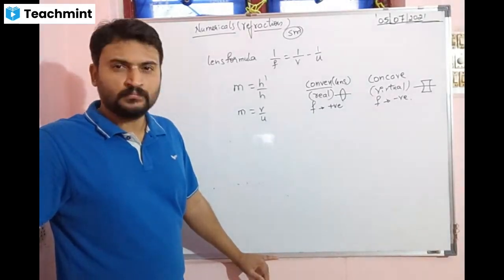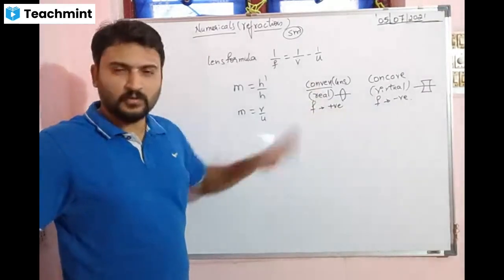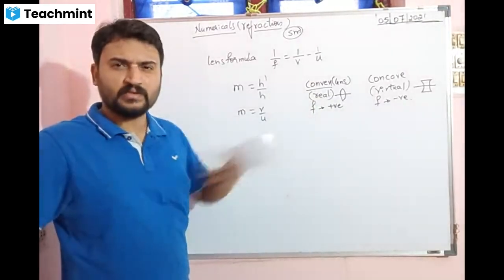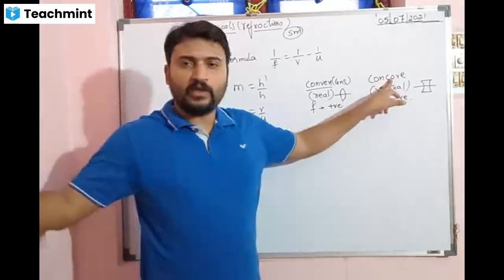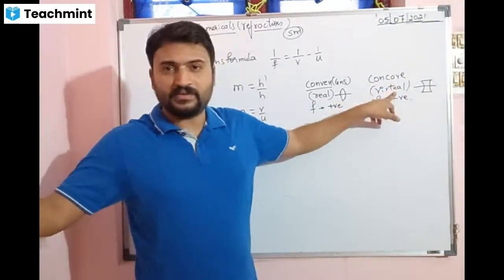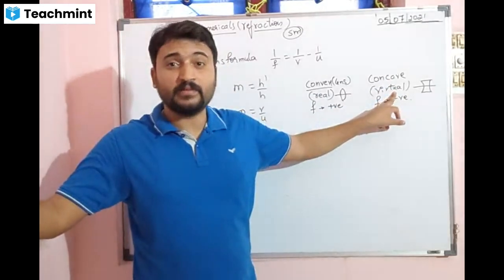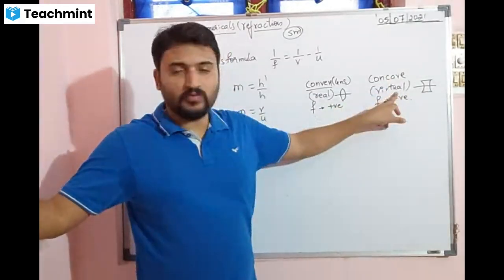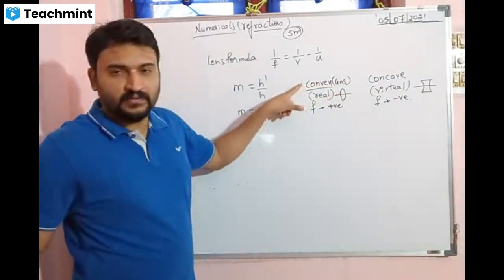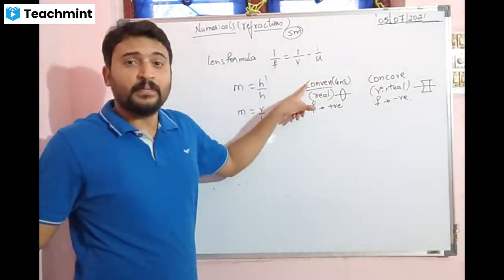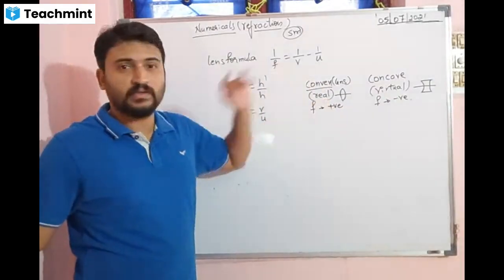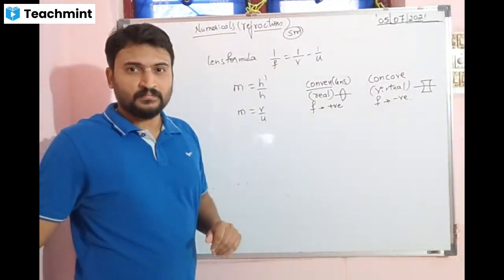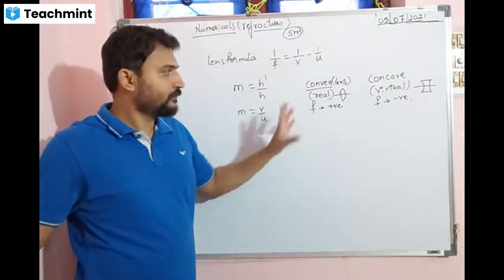Convex considered positive only. Same with the mirror as well as the lens. But the difference is, the concave mirror formed real images, but the lens will form virtual images. Whereas the convex mirror formed virtual images, where the lens forms real images. Is it clear?